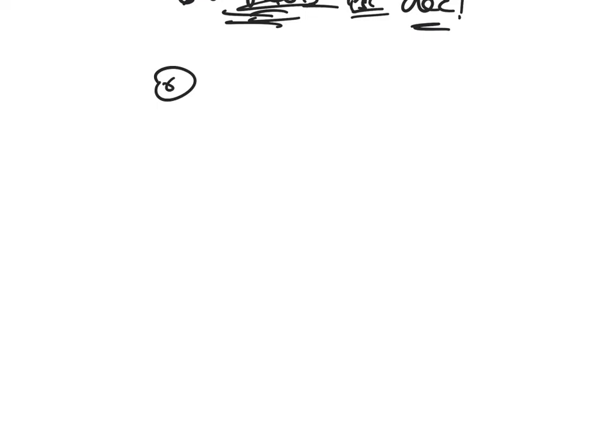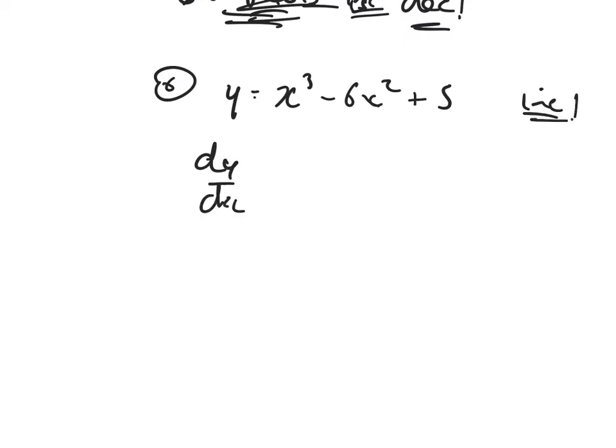Okay, let's try another. Find where the function is increasing. So y equals x cubed minus 6x squared plus 5. Where the function is increasing, its gradient will be greater than 0. 3x squared minus 12x is greater than 0.